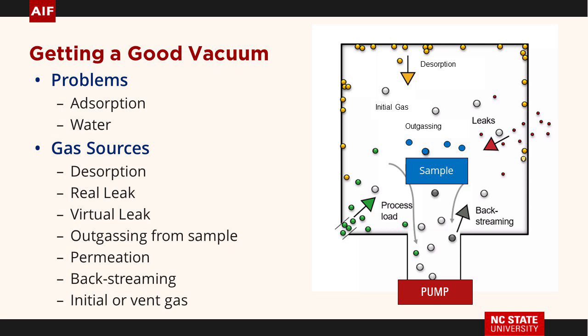A virtual leak simply means I've got something so tight, like a screw thread, that the gas can't easily get out, so it keeps coming out at a very slow rate. Outgassing from the sample. Permeation, that means your seals will leak, especially hydrogen. Backstreaming from your pump, so if you've got an oil pump, you can get streaming back. And initial or vent gas.